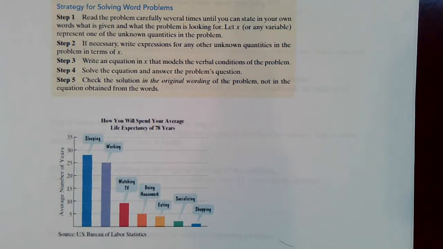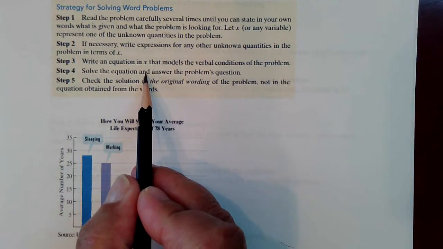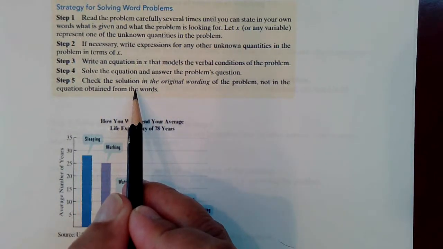You'll also want to read it again when you try to check your final solution. So we're going to follow the steps pretty much in this order. Reading the problem, developing expressions that represent the words and the unknown quantities in the problem, then combining those quantities to set up an equation, which we will then solve, and then we'll check our solutions in the original wording of the problem.